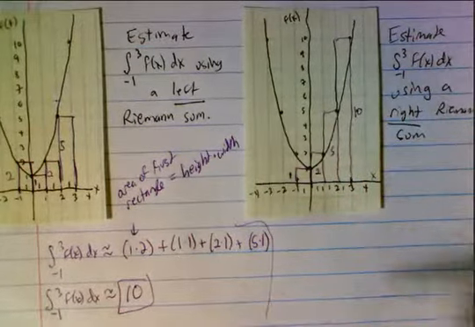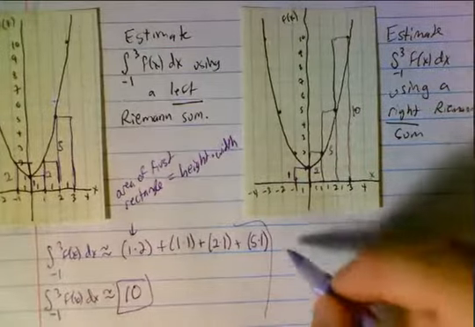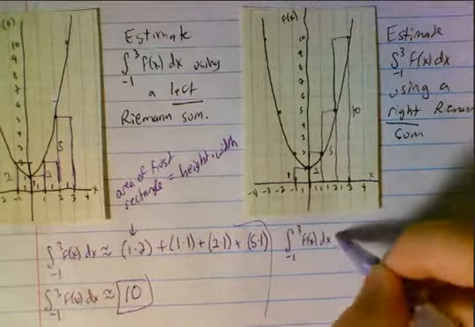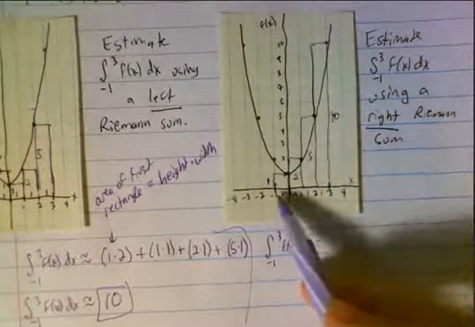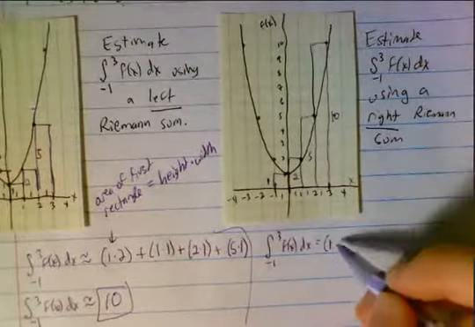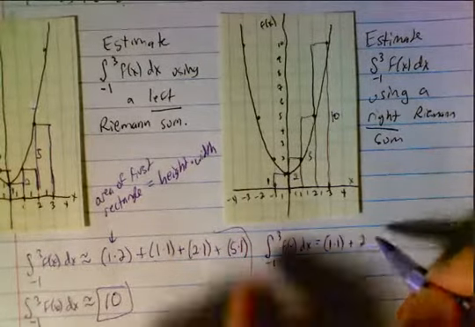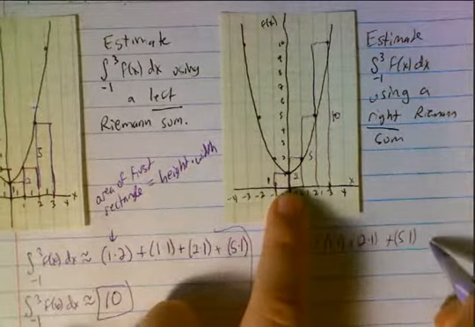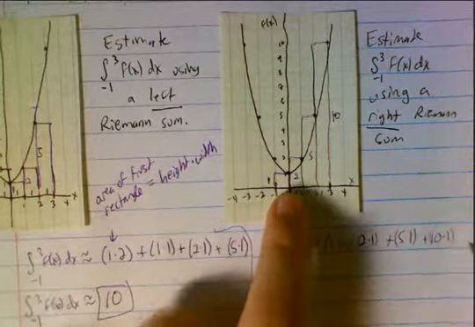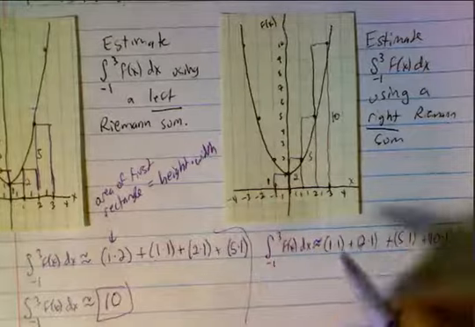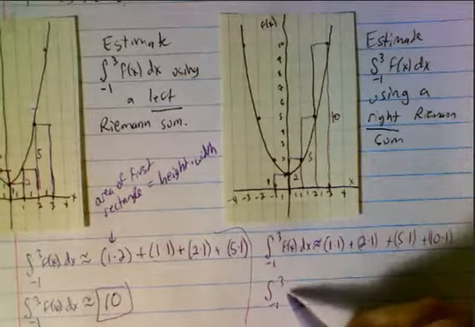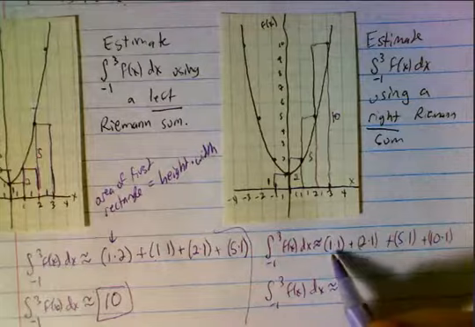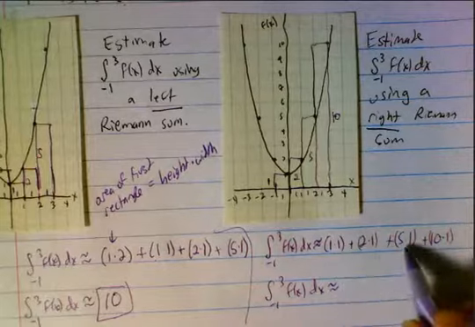So when I'm estimating that same integral, I'm again finding the area of each rectangle, but this time it's 1 times 1 plus 2 times 1 plus 5 times 1 plus 10 times 1. So 1 plus 2 is 3 plus 5 is 8, 18.